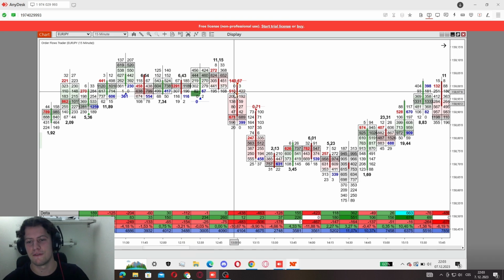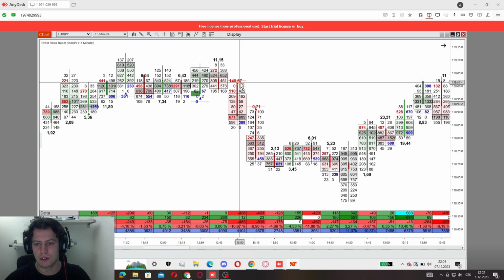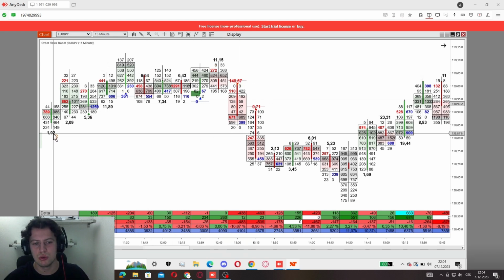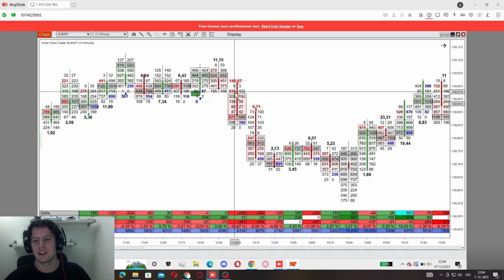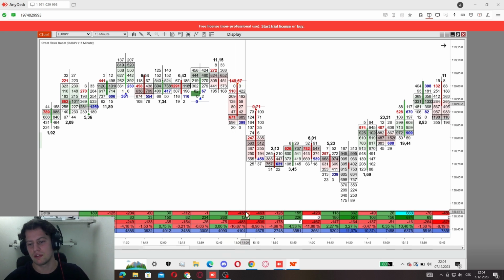And see 500 lots or 500 contracts. Also look at this big, huge number, 140 against 6, 6, 11, 2, 1, and you have 140 and 500 and 600, almost 700. You don't have a delta, but this is a strong candle.